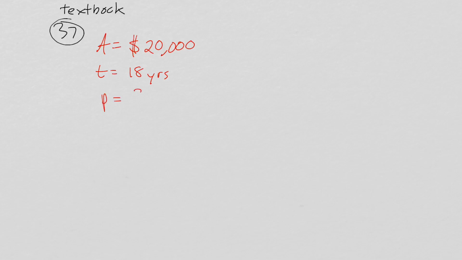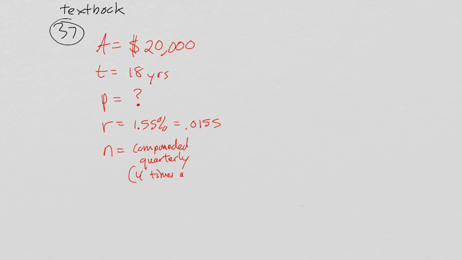So that is how much should be the principal for this investment for a CD that pays 1.55%, which is 0.0155. And this is compounded quarterly, so that means 4 times a year. Okay, so let's put this all together. We have the A, so we're going to use the P formula.